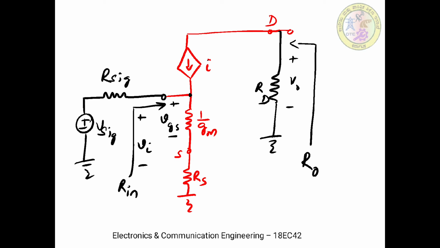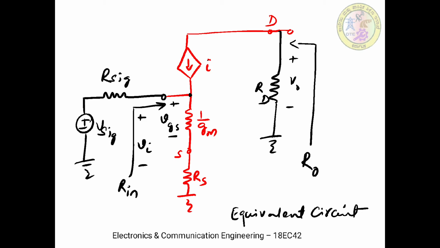So here I am writing equivalent circuit. While drawing the equivalent circuit, the MOSFET is replaced by its T equivalent model, and other than that we have the resistor RD connected at the drain terminal, as well as the RSIG, that is the internal resistance of the signal source, also connected at the gate terminal.